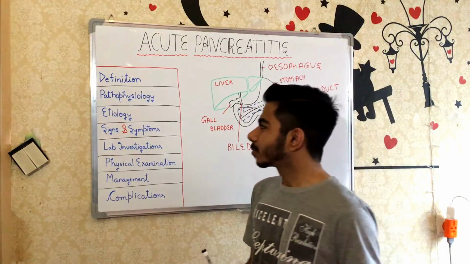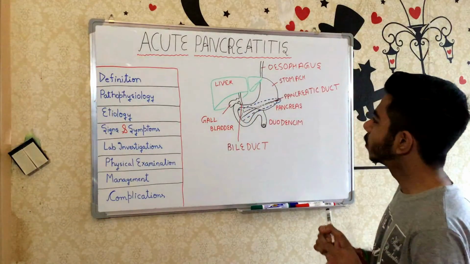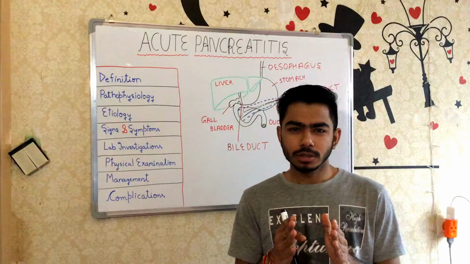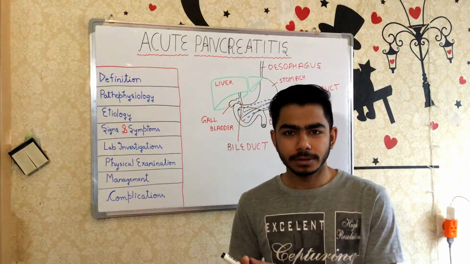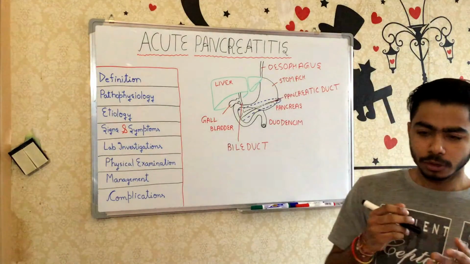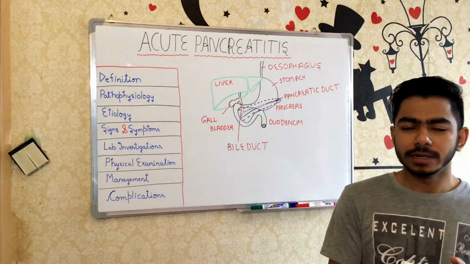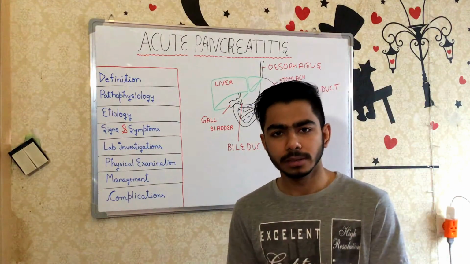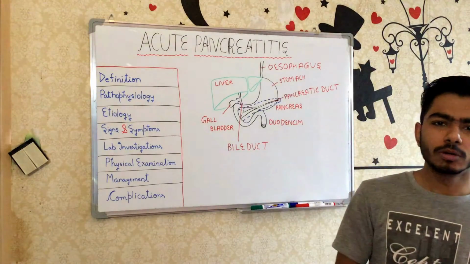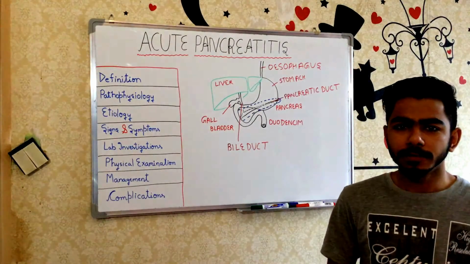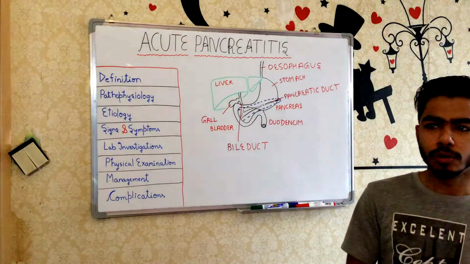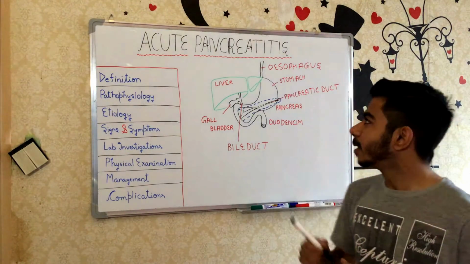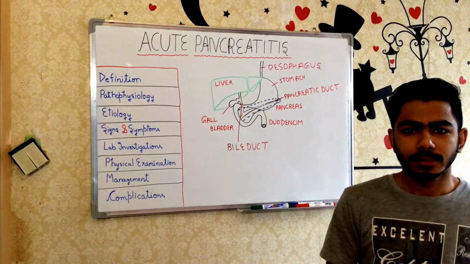Now, if we talk about the pathophysiology, there are two major causes of acute pancreatitis. Actually, gallstones and alcohol are the main causes behind acute pancreatitis. Those patients who have the habit of drinking alcohol are much more likely to get acute pancreatitis.